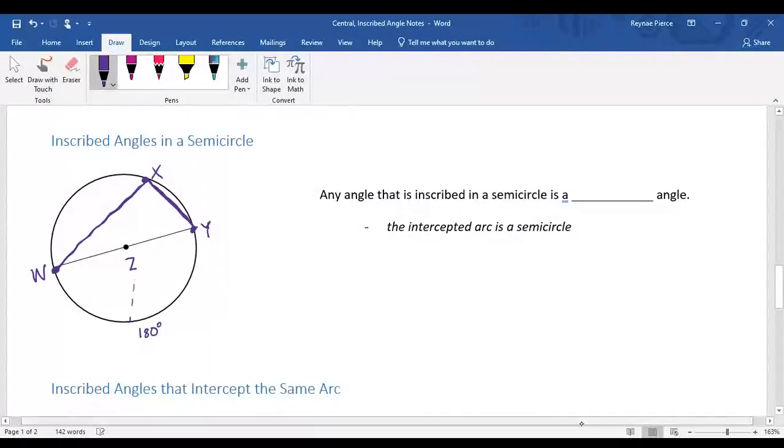To get back to the angle, remember we have to divide by 2. 180 divided by 2 is 90. So any angle that is inscribed in a semicircle is a right angle.